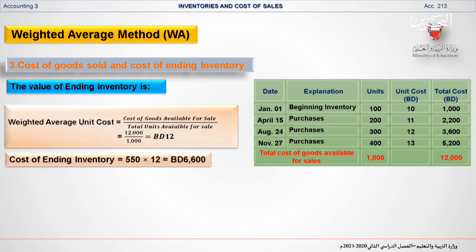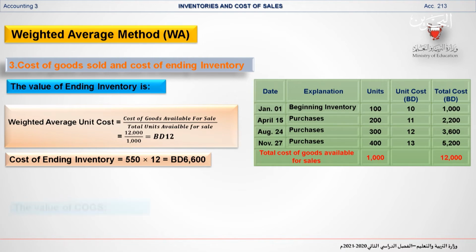To calculate the cost of ending inventory, you need to multiply the number of ending inventory units calculated in requirement 2 by the weighted average unit cost we have just calculated. That is 550 multiplied by 12, and the answer is 6,600 BD.